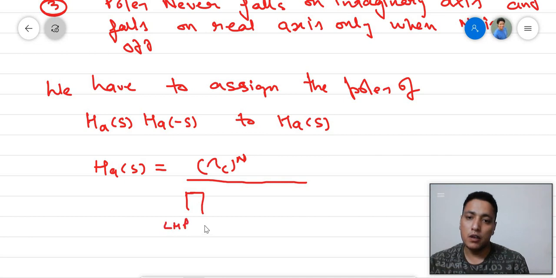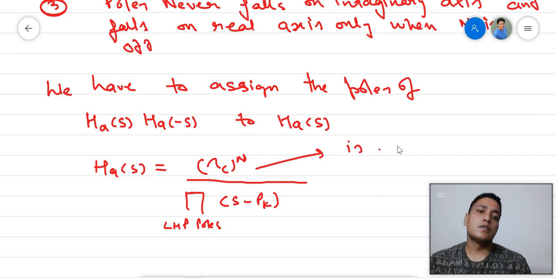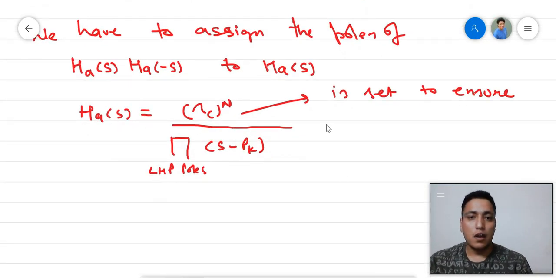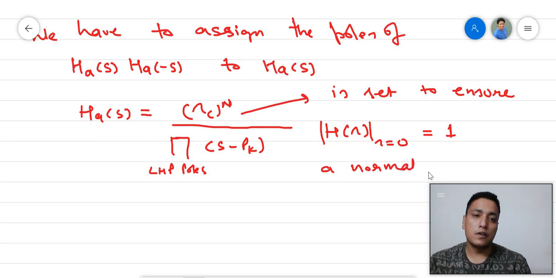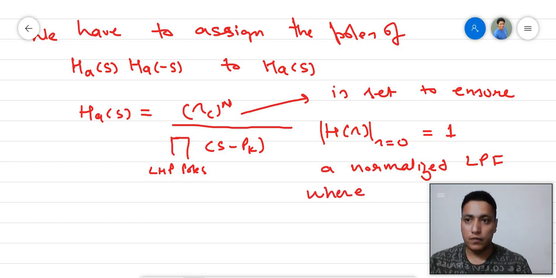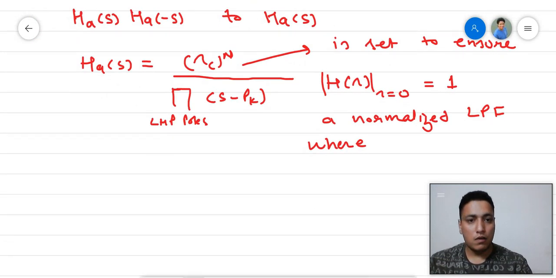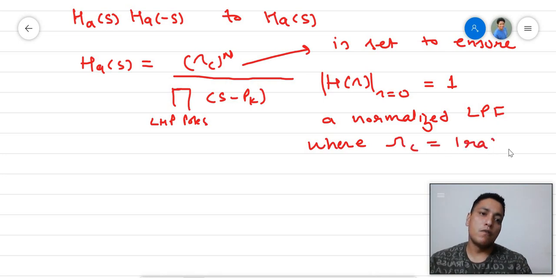So we'll write LHP poles, s minus pk. This is said to ensure H at omega equal to 0 should equal 1, and it is a normalized low pass filter where omega c is equal to 1 radian per sample.